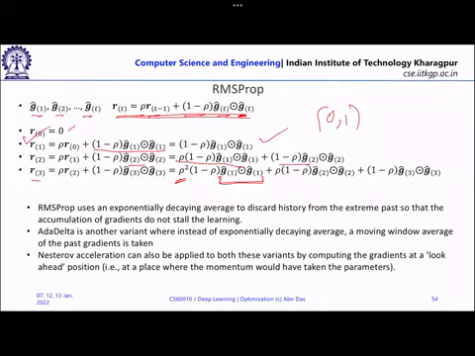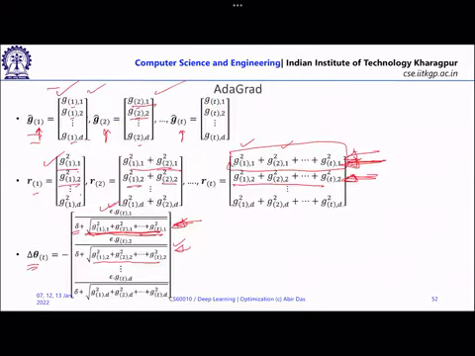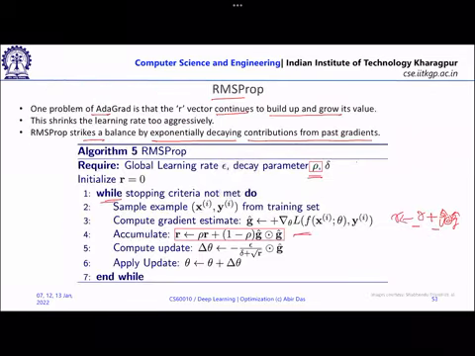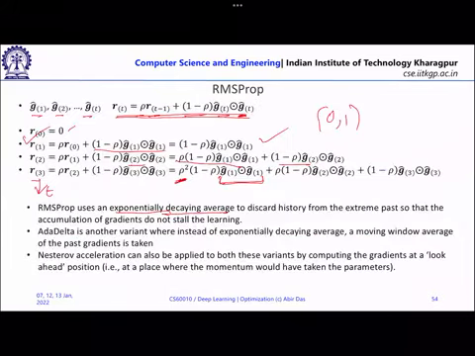As your t value, or the while loop's iteration step value, increases, this will get less and less weight. That's why it is called an exponentially decaying average. It is probably not immediately clear from the algorithm statement how it is exponentially decaying, but if you just expand it, it becomes clear.